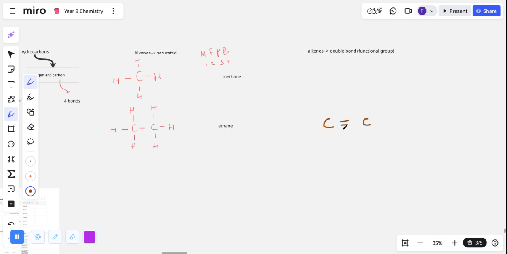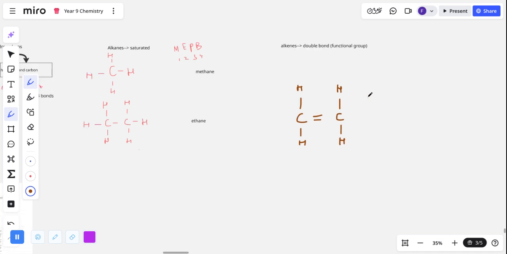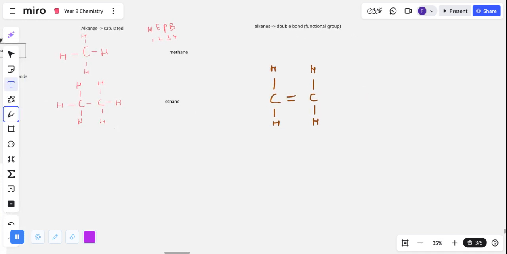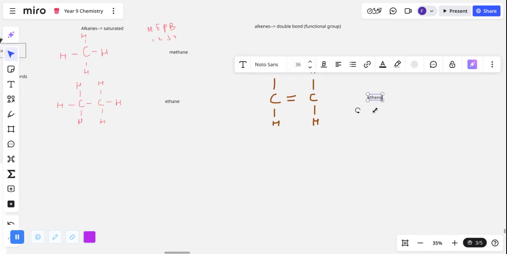Now remember, carbon can only have 4 bonds. So I've got 1, 2, 3, 4 for this carbon, HH at the end. On the other carbon, I've got 1, 2, 3, 4, HH. And that's it. We are done. This is not ethane. This is ethene. Okay?